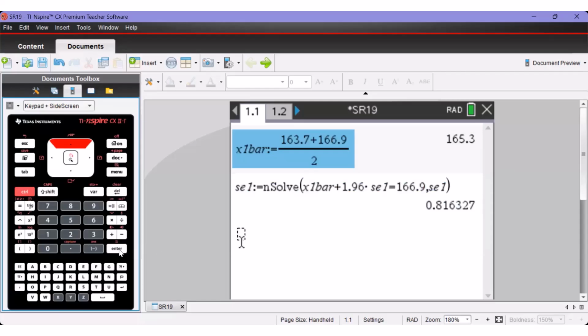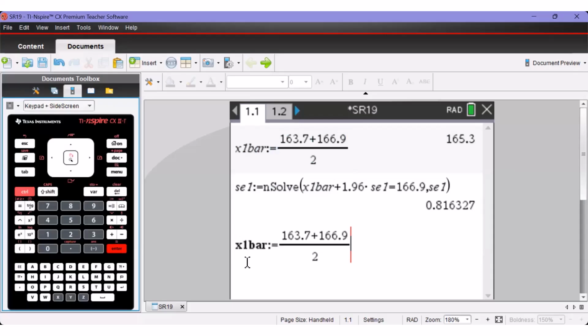We press enter, bring it down to a new entry line, and then using the navigation pad we can come across here and press the backspace button, change that 1 to a 2, and then edit the numerator.